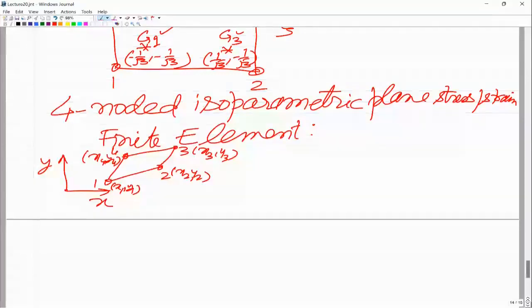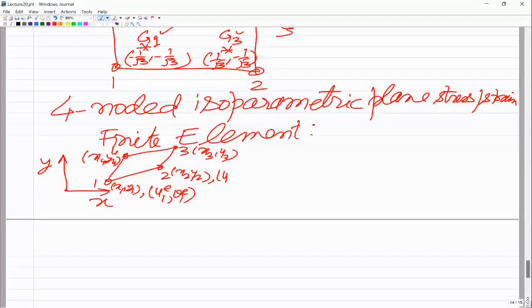For the plane stress, plane strain problem, there are two displacements. Those are the primary variables, so they will be the degrees of freedom. You will have u1e, v1e, u2e, v2e, u3e, v3e, the displacements along x and y, and similarly for the fourth node you will have u4e, v4e.